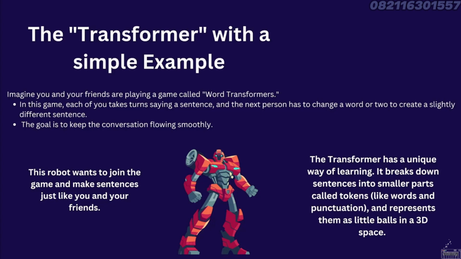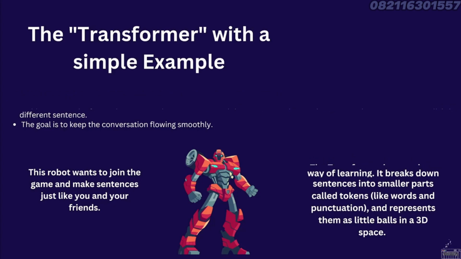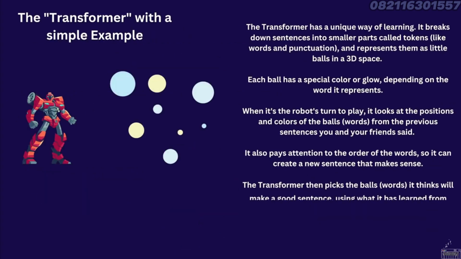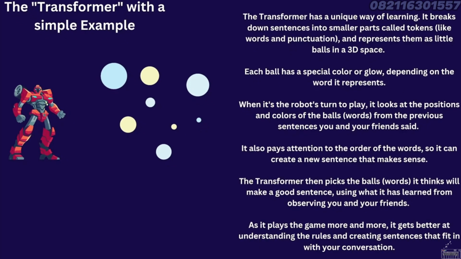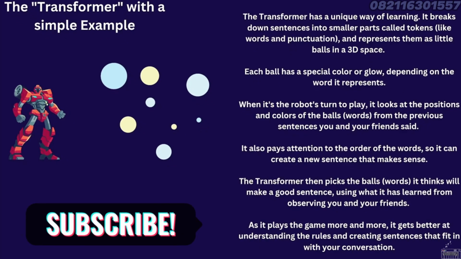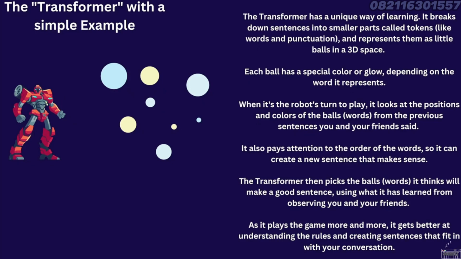In order to make the robot join the game, the robot must learn how words work together and must also learn the rules of the game. The transformer has actually a unique way of learning. It breaks down sentences into smaller parts. These smaller parts are called tokens, like words and punctuation.